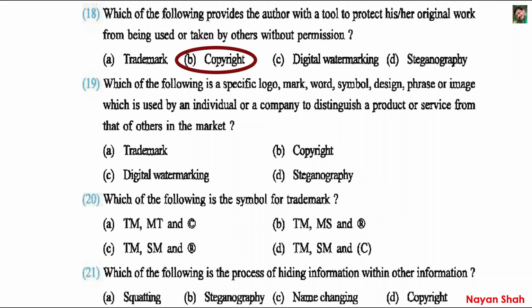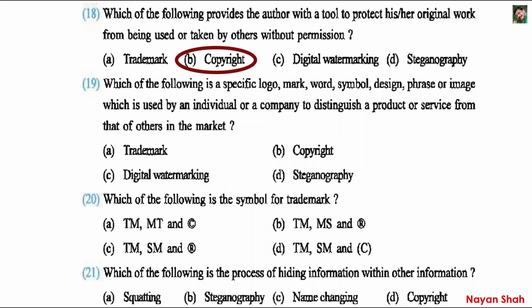The author uses the copyright symbol to mention that this particular thing is copyrighted and should not be used. If you have any poem book or novel, you will see the copyright of that so and so author, so that it cannot be duplicated. So that is copyright.